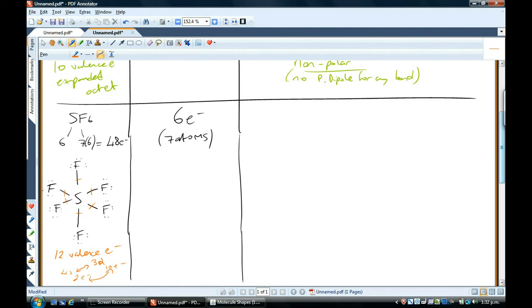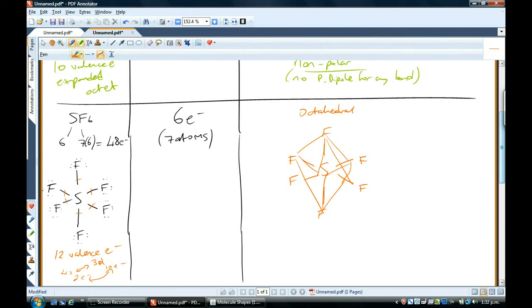The shape, as I said, is called an octahedron, or octahedral shape. If you draw it out, you have your sulfur, fluorine, one at the top, one at the bottom. You should be able to roughly see the shape of an octahedron as you join all those points up. An octahedron is a shape with 8 sides to it.